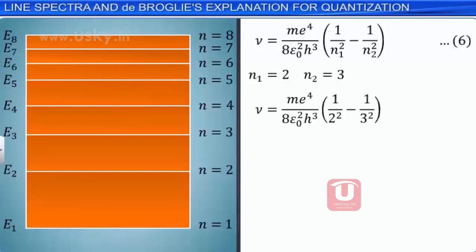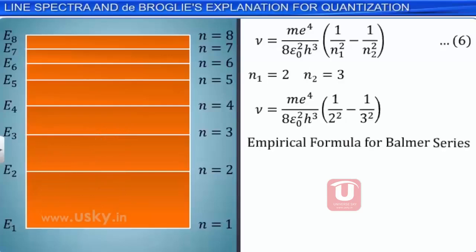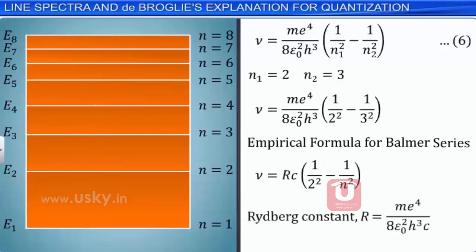From equation 6, comparing nu with the empirical formula for Balmer's series that you have learnt earlier, we get nu is equal to Rc into 1 by 2 square minus 1 by n square. Hence, we see that the value of R, or the Rydberg's constant, is equal to m e to the power 4 by 8 epsilon naught square h cube c.